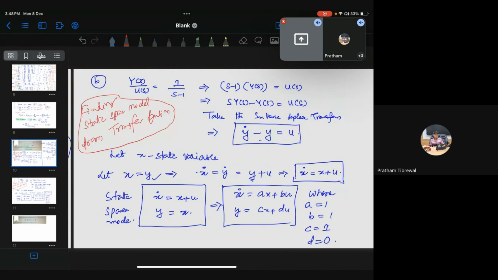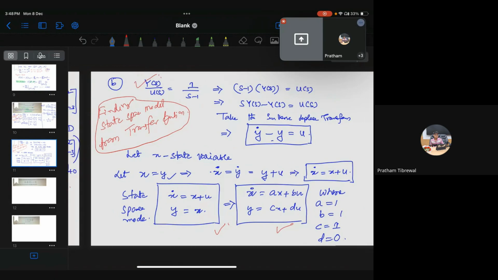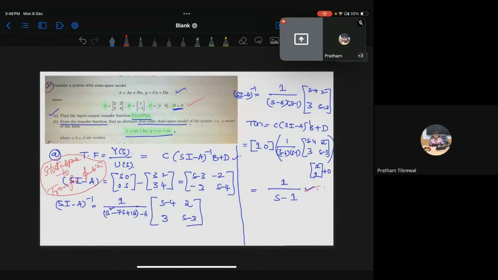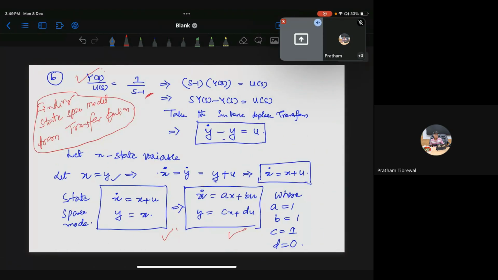Then in the second question we started with the transfer function and ended up with the state space, correct? Now look at these ABCD matrices. We started with these ABCD matrices, found the transfer function. Then in the second question, we started with the transfer function and tried to find the ABCD matrices. Are they the same? No, they are not the same.